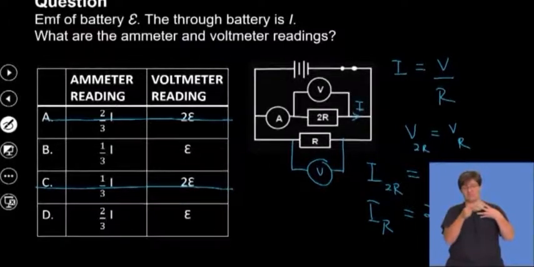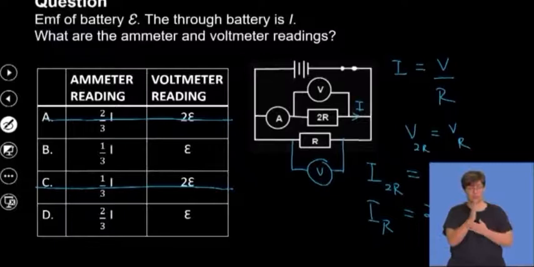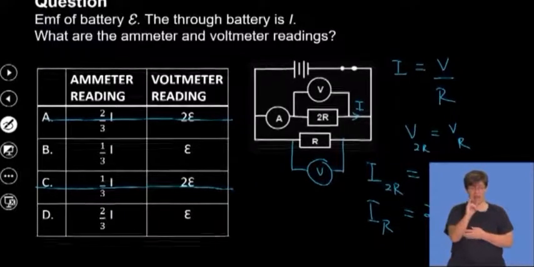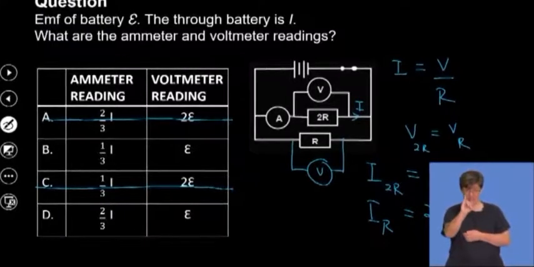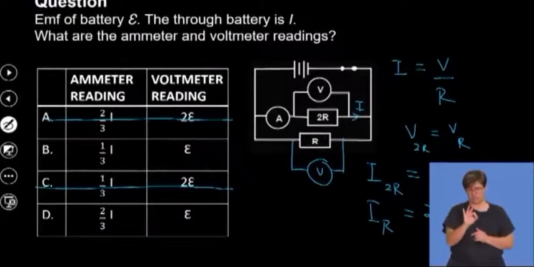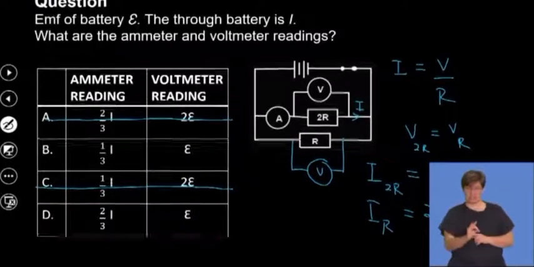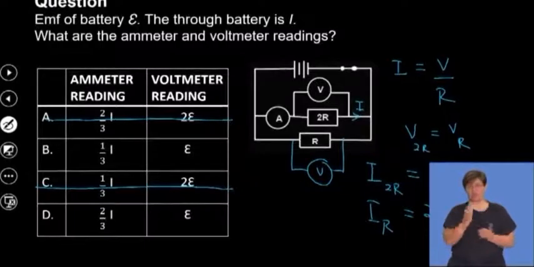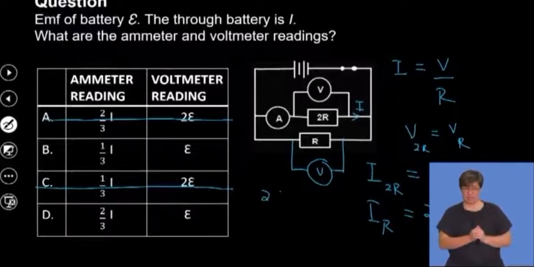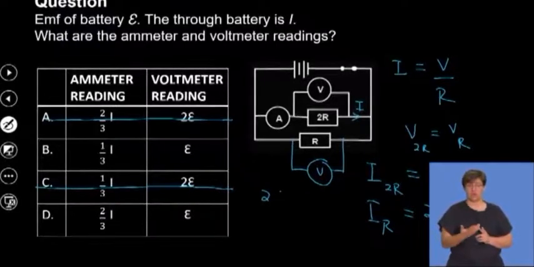Now let's check. If the current that goes through 2R is I, it means the current for R must be double that. So if the total ratio is 3, then the current for the ammeter reading 2R should be a third of that, because the ratio is 2:1 if we say R is to 2R.